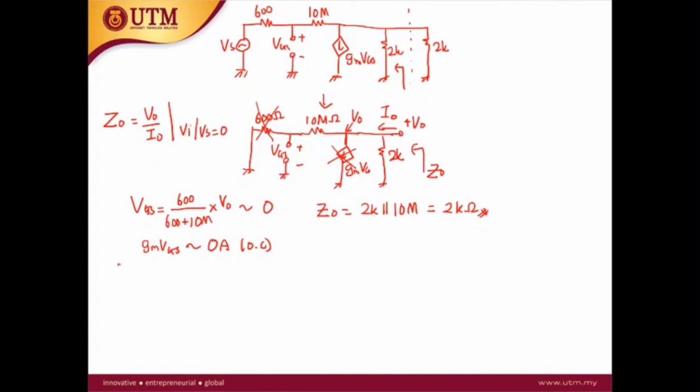So next we go to the voltage gain. So what is the voltage gain? Let's say we calculate the V out over V in. So again, we redraw the circuit. So this is the Vs, and then we have this signal resistor, internal resistance, 600 ohm, and then we have here the VGS, and a 10 mega.